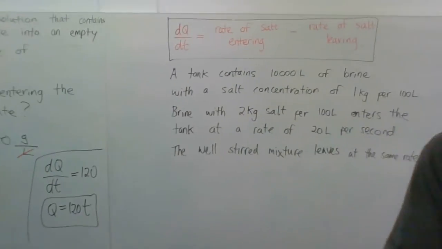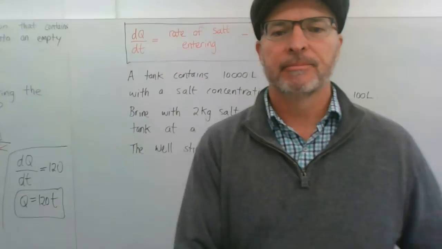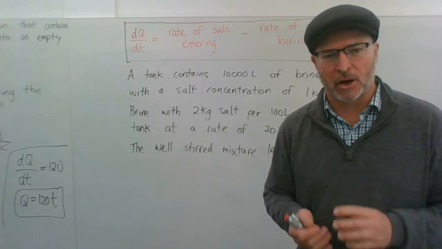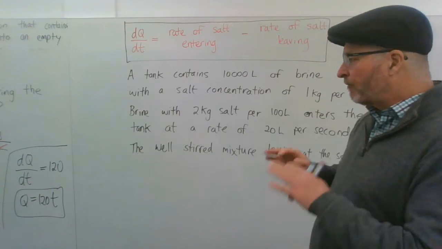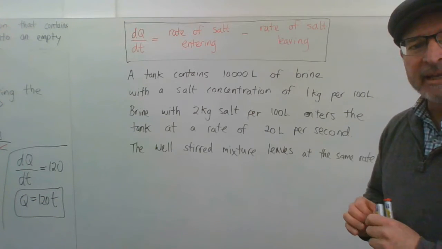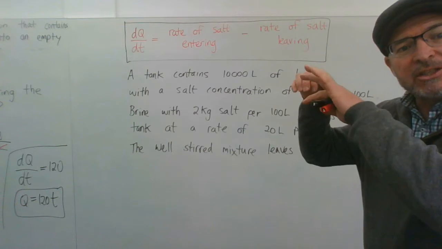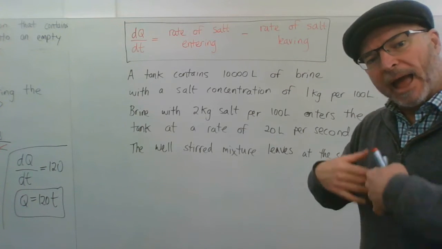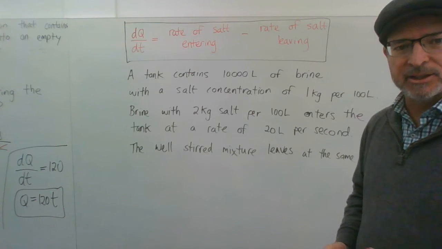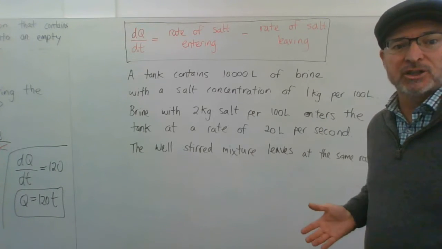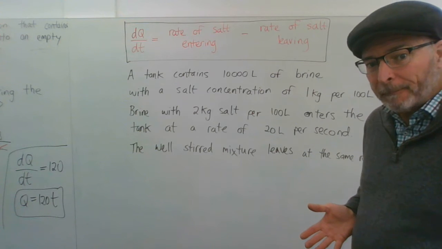I want to know, for this situation, what the amount of salt is at any particular time. And the first thing I need to do is to look at how much salt is there at the start, how much is going into the system, how much is coming out of the system, and put all that together to figure out how much salt is there at any particular time.